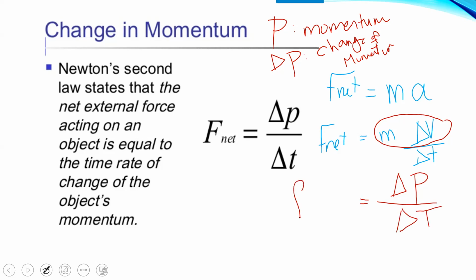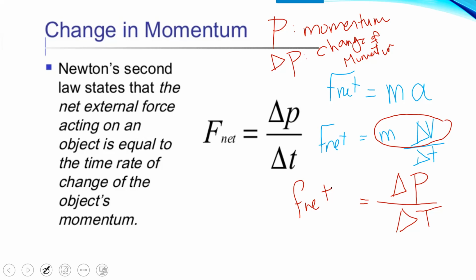So we said now that F net, or the net external force, is equal to the change of momentum over the time. This is Newton's second law. After its derivation, we will find that F net times delta t equals the change in momentum.